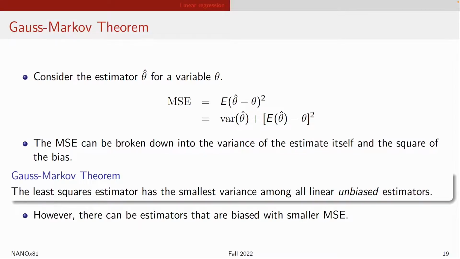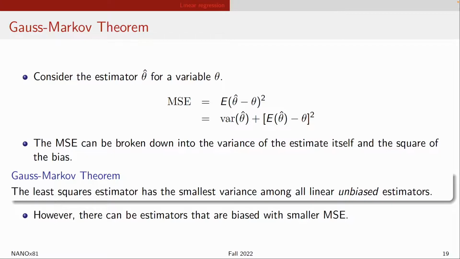Now, we are going to come to one of the most important concepts in this class. Okay, so if we look at the mean square error for our prediction, we can see that the mean square error is equal to the expectation of theta hat minus the actual value of theta, squared, okay?